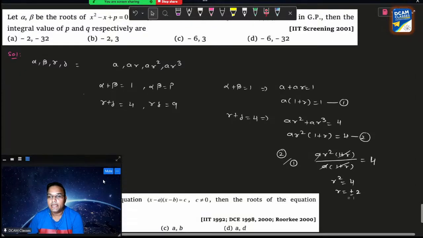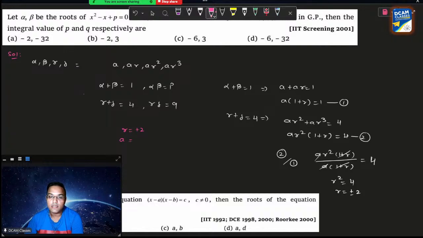Put it in any equation. If you take r is equal to plus 2, you'll get a value as 1 by 3. And if you take r is equal to minus 2, you're going to get a value as -1.